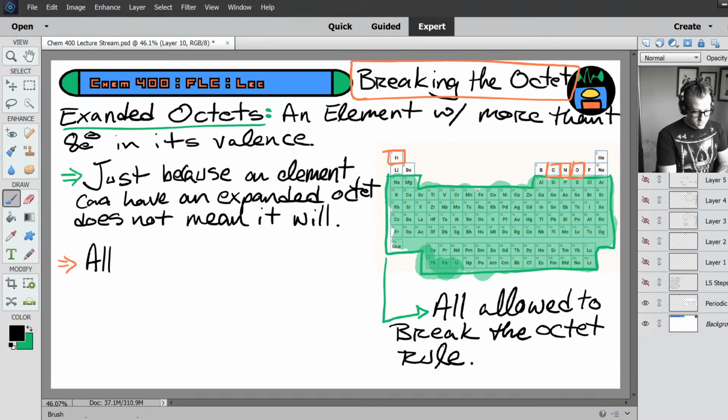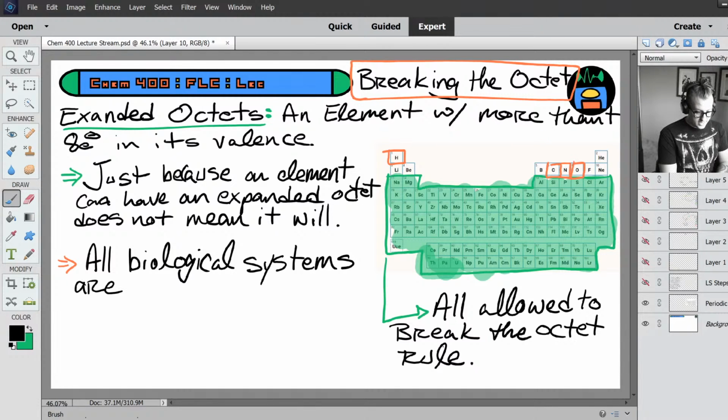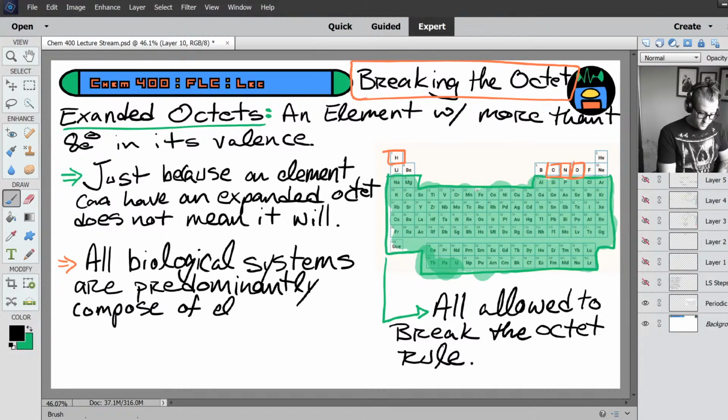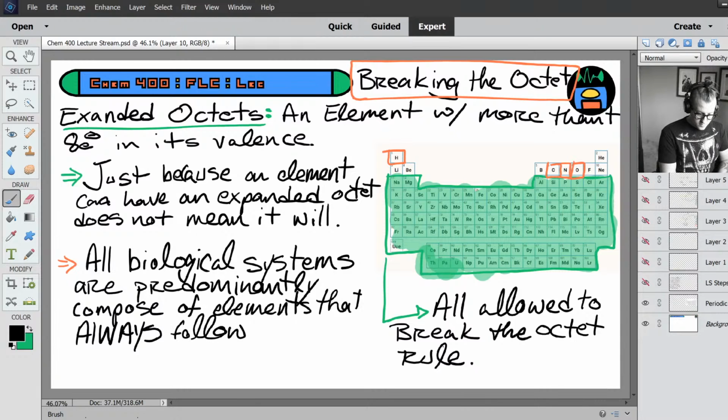All biological systems are predominantly composed of elements that always follow the octet rule.